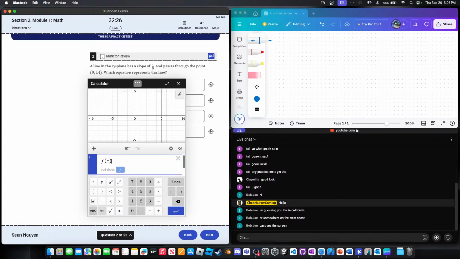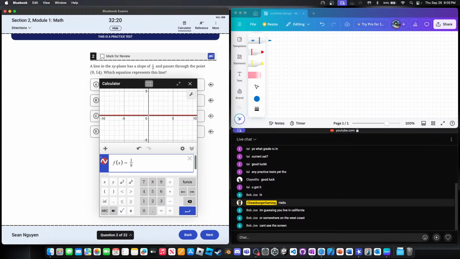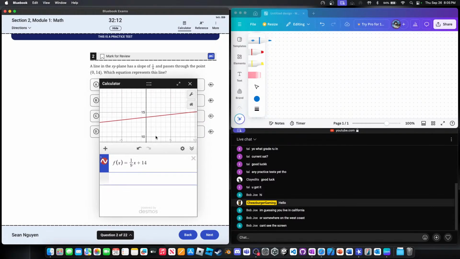Okay, so let's do f of x is equal to 1/9 x plus 14. Let's make sure that this is correct. So it passes through 14.